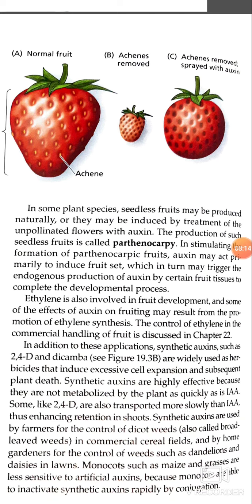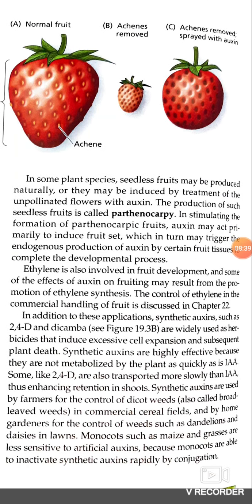Auxin is stimulating the formation of parthenocarpic fruits. Auxin may act primarily to induce fruit set, which in turn may trigger the endogenous production of auxin by certain fruit tissues to complete the developmental process.